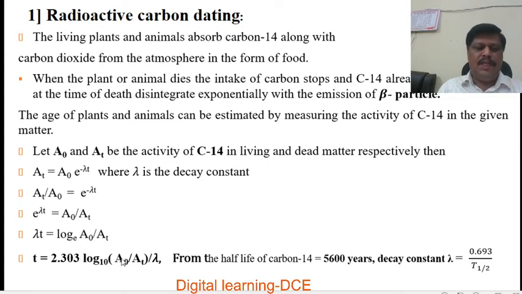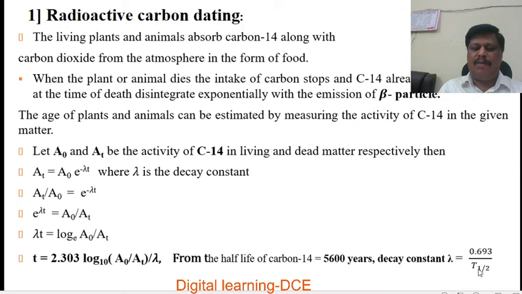We know that the half life of carbon 14 is 5600 years. By knowing the half life of carbon 14, we can calculate the value of decay constant by using the formula lambda is equal to 0.693 over T half.